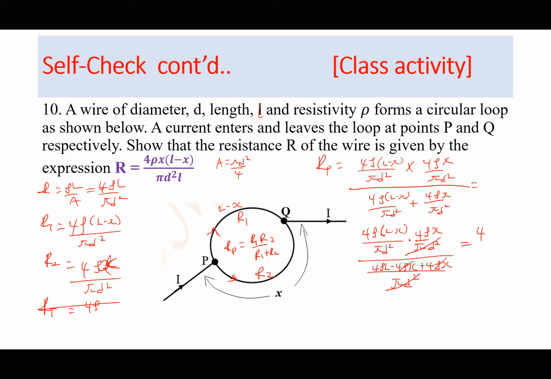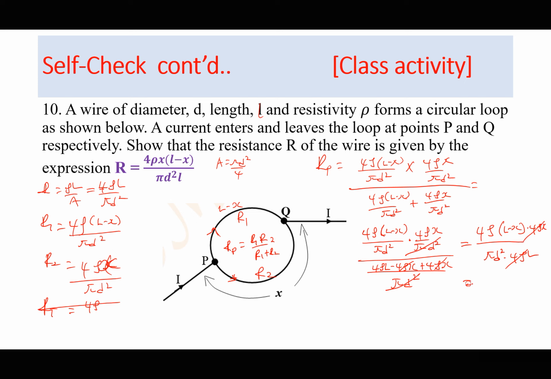So I'm having 4 rho into L minus X times 4 rho X divided by pi d squared times 4 rho L in the denominator. So 4 rho cancels.